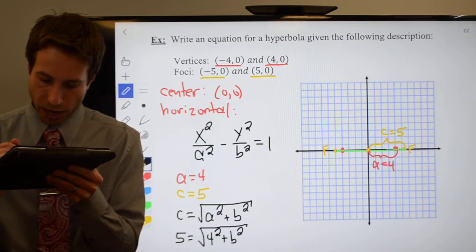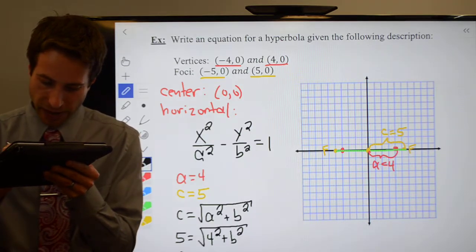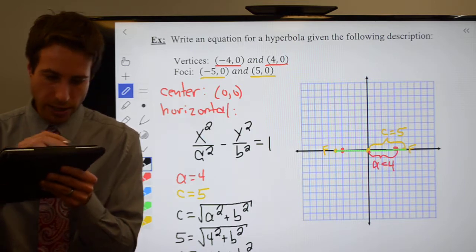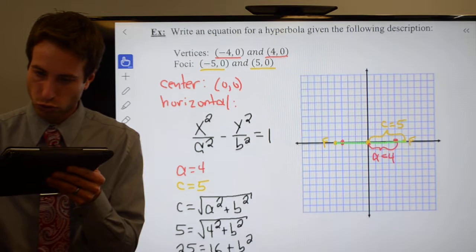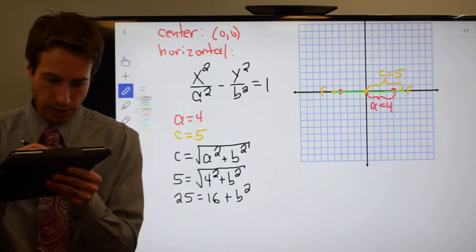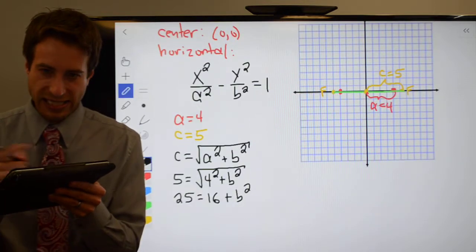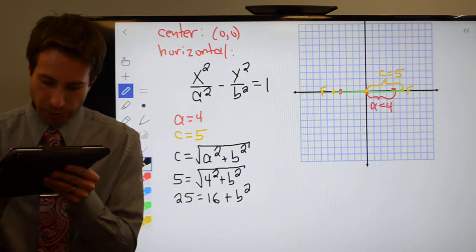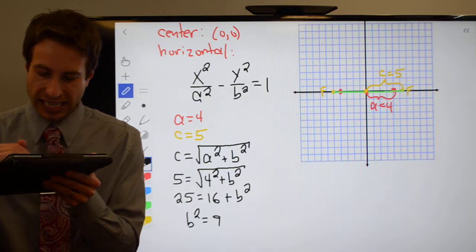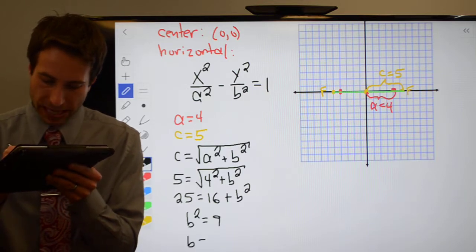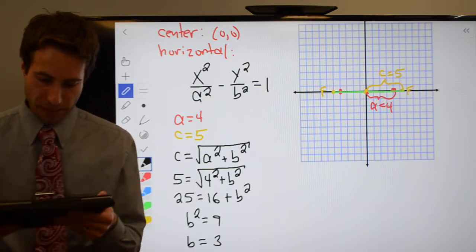That gives me 25 is equal to 16 plus b squared. Subtract 16 from the other side. I wind up with b squared. 25 minus 16 is going to be 9. Take the square root of that. I get b is equal to 3.